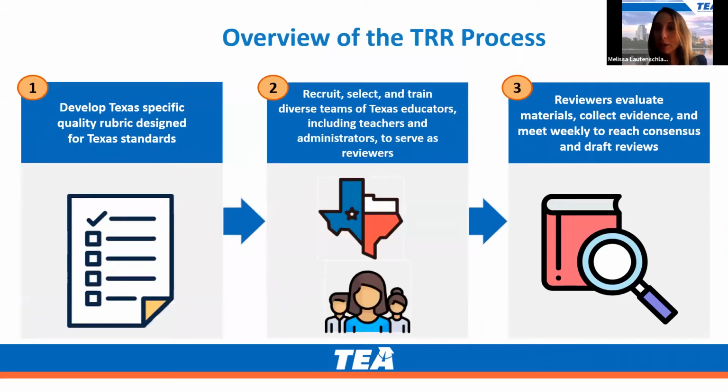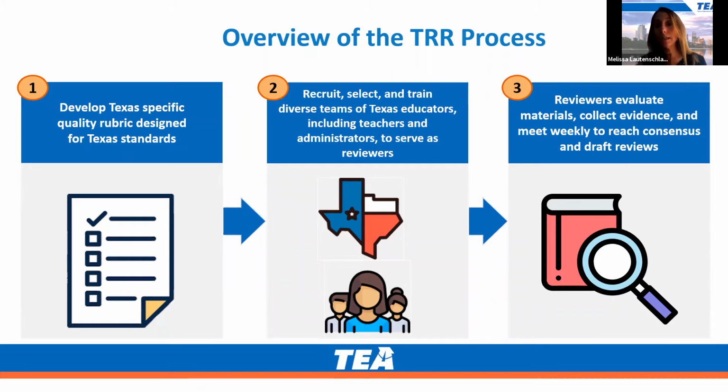I want to spend a little time helping you understand the overview of the process so that you know the extent. I think many of you are aware of our state review process, in which we have an application for experts, educators, teachers, leaders, even community members to participate in the State Board of Education review to do the alignment.